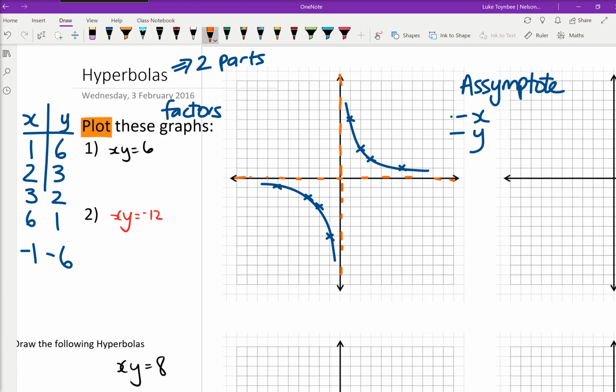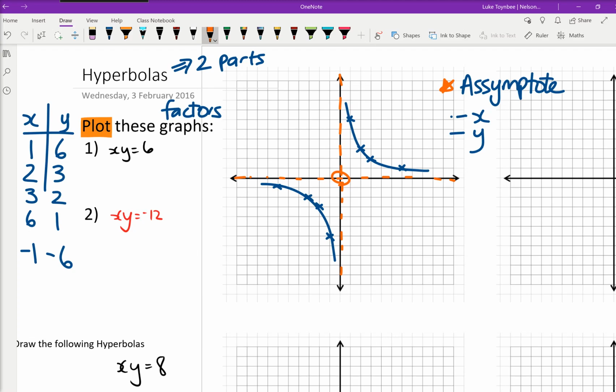Okay, from this point here, on this asymptote, it's across 1 up 6, across 2 up 3, across 3 up 2. From that point there. Okay, that is the most important point of a rectangular hyperbola. Going back to parabolas, what was the most important point of a parabola? The vertex.